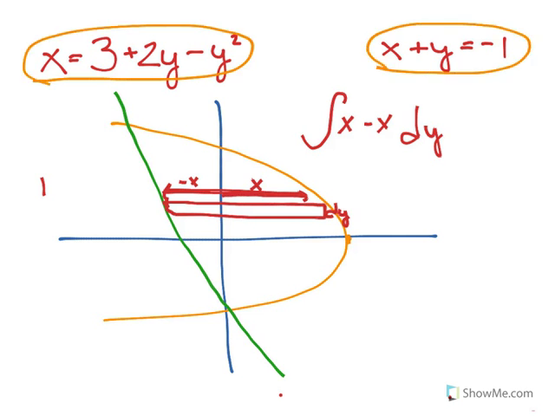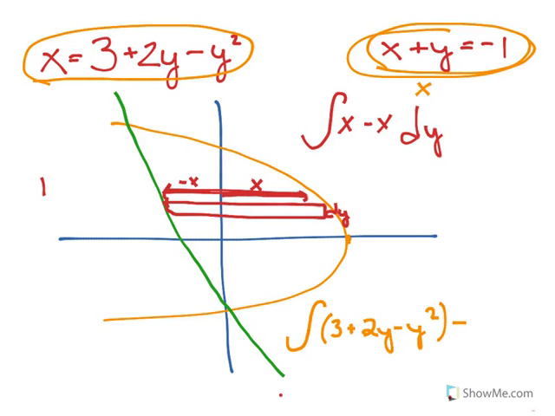So it's going to be the integral of, in parentheses, 3 plus 2y minus y squared, minus whatever x is in this equation. Now you'll notice x is not by itself, so I'll get x by itself. x equals negative 1 minus y.